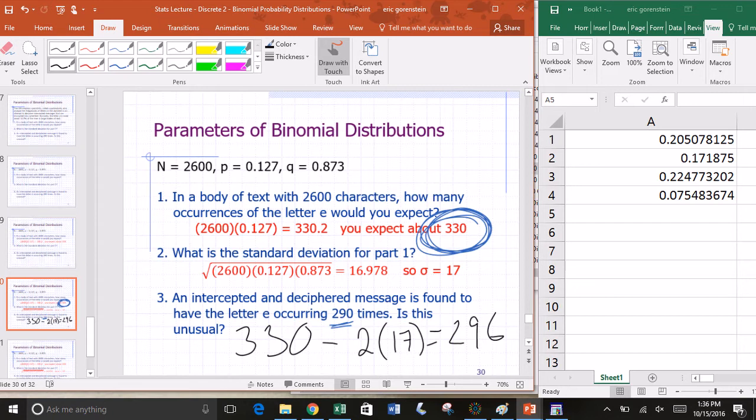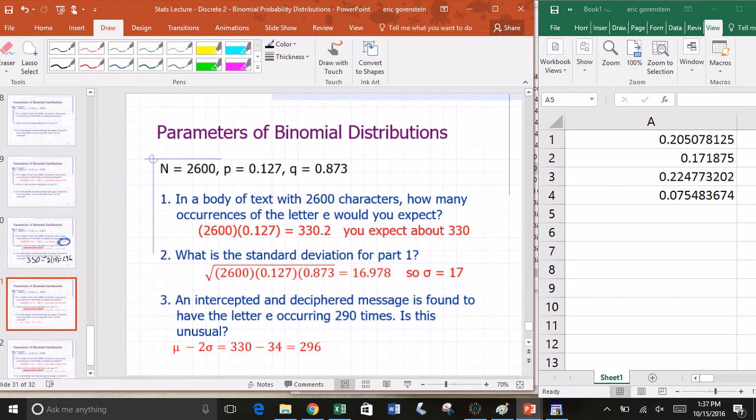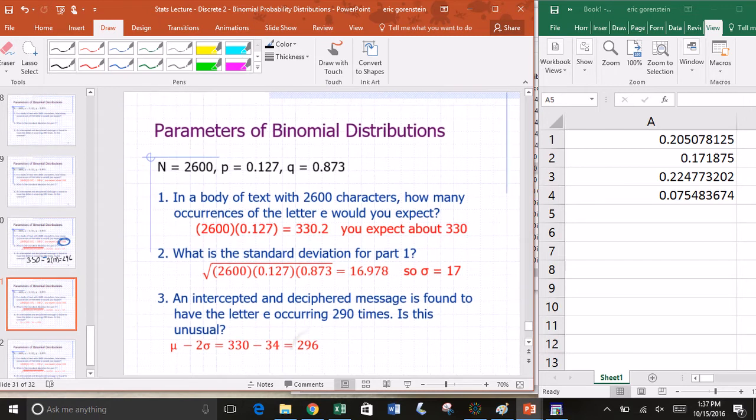So yes, 290 is even further away from the mean. If you converted the 290 to a z-score, you would get -2 point something, close to -2.3. So yes, indeed, the 290 is unusual because it is below this lower bound for usual values.